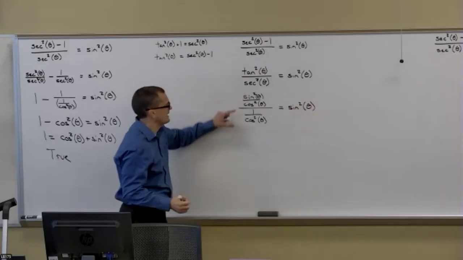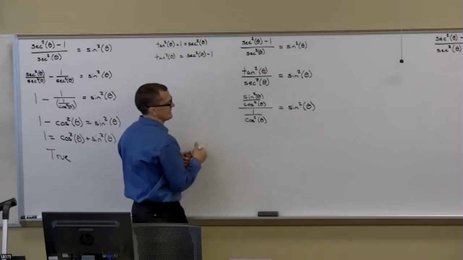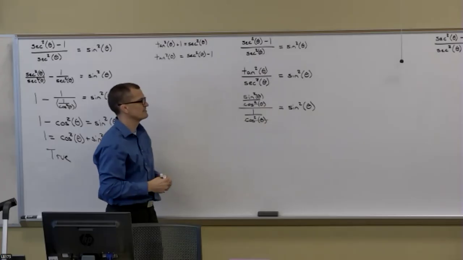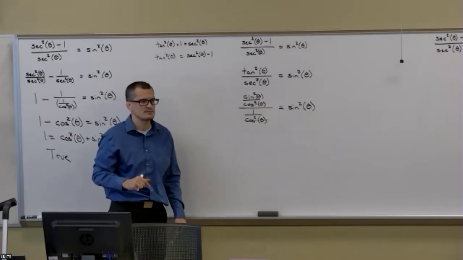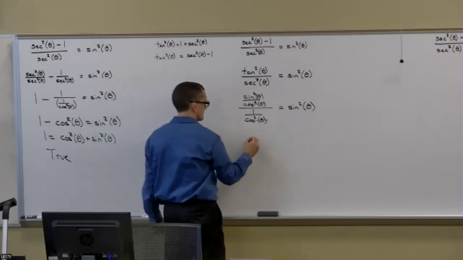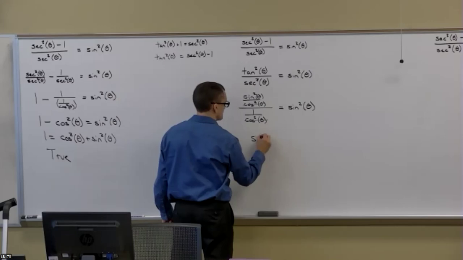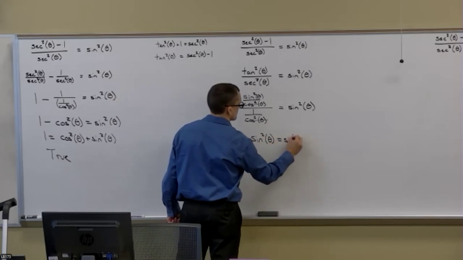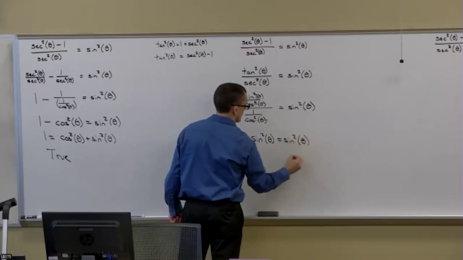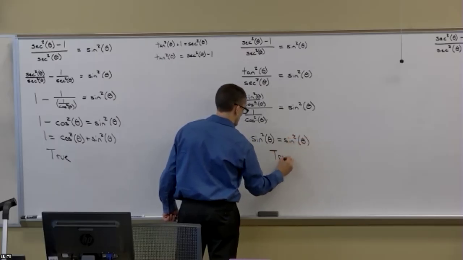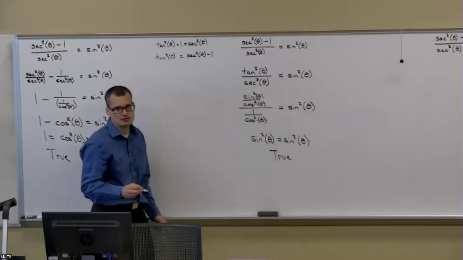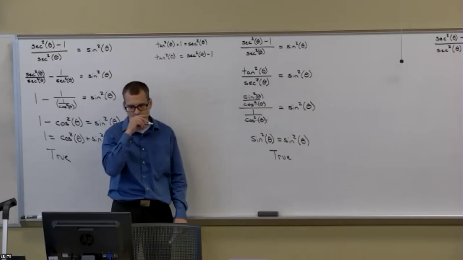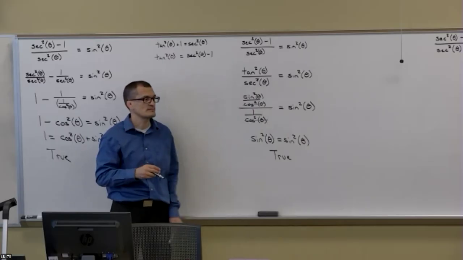And if you divide, the cosine squareds in the denominators will cancel each other out. And you'll just be left with sine squared is equal to sine squared. That's obviously true too. So that's another option, if you like.